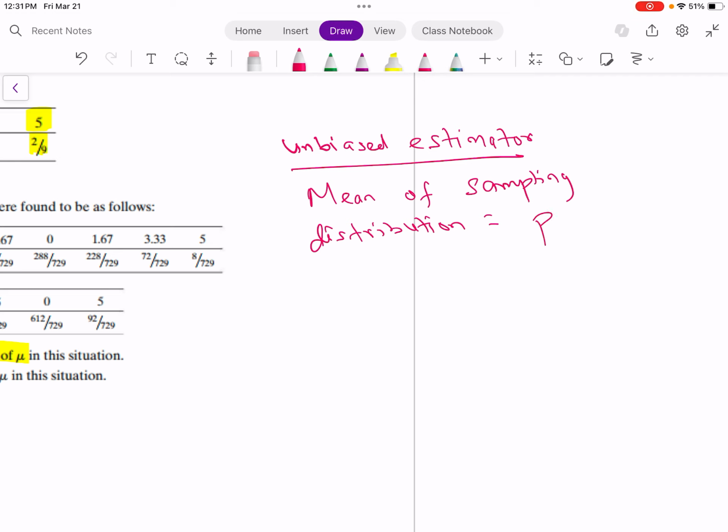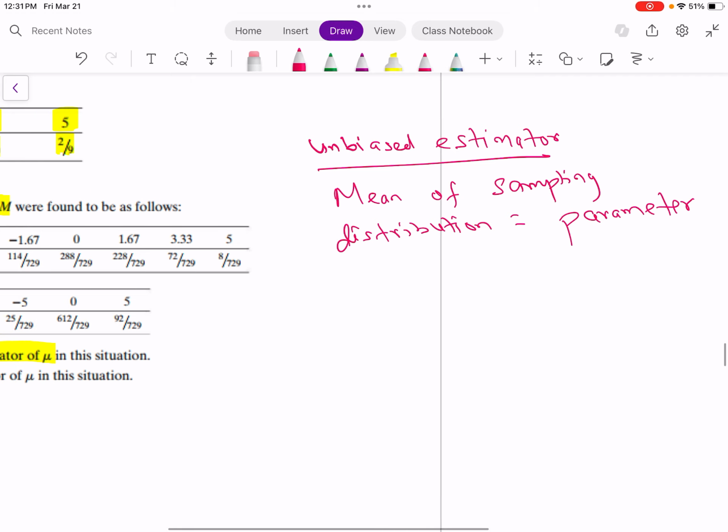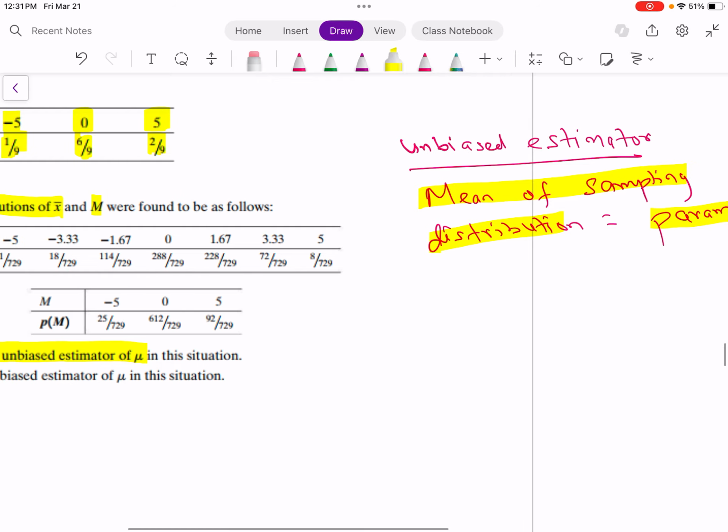In general it can be mu, it can be sigma. So you have a distribution, you find the mean of that distribution, and if the mean is exactly equal to the parameter we are estimating, then that statistic is an unbiased estimator. So we will calculate the mean of the sampling distribution and check it against the parameter.